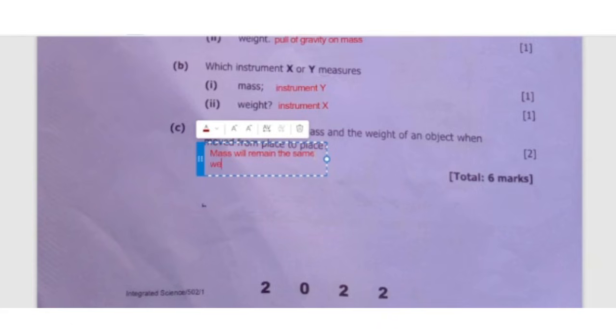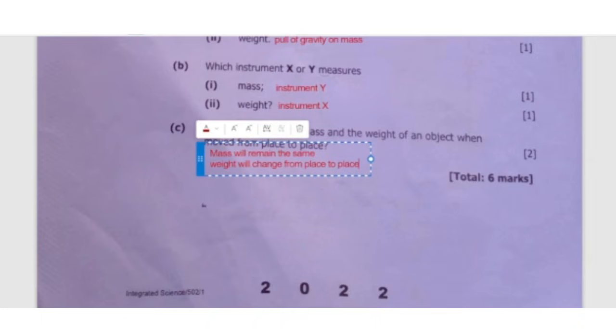However, weight will change from place to place. Okay, weight will change from place to place.